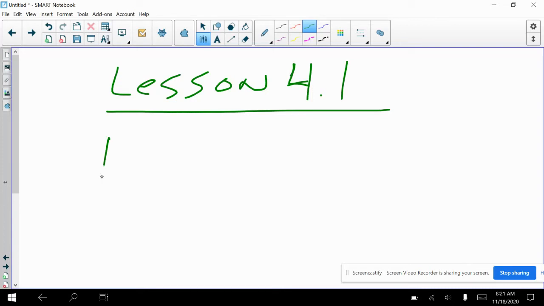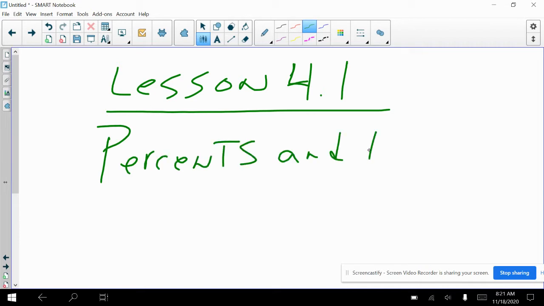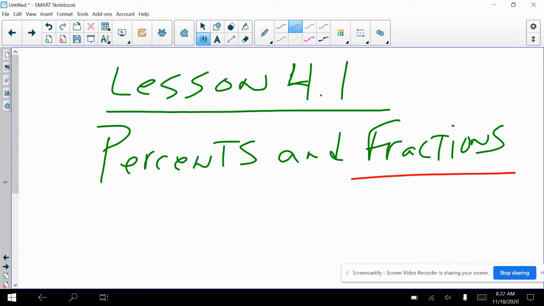How about that? Okay, so we're dealing with percents and fractions. Now, one of those, obviously, fractions, we've done. So that part should be fairly easy, because we know the 49 that we should know by heart.